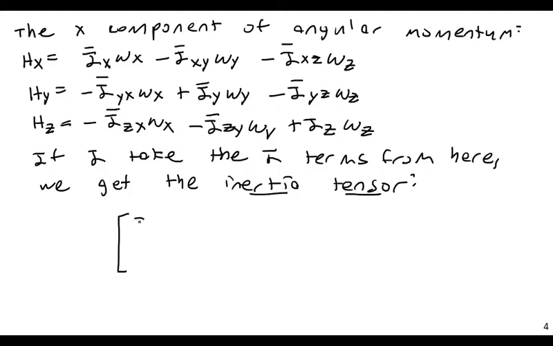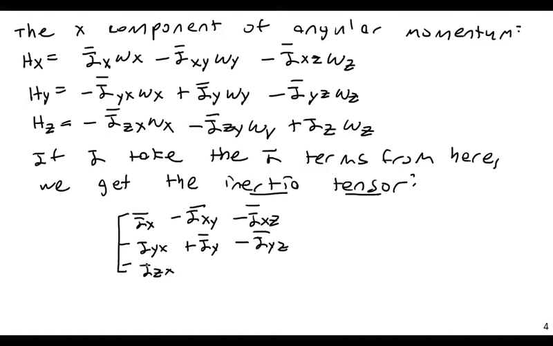And this is Ix, minus Ixy, minus Ixz, minus Iyx, plus Iy, minus Iyz, minus Izx, minus Izy, plus Iz. Just a positive number, not plus. These are individual terms in a matrix.